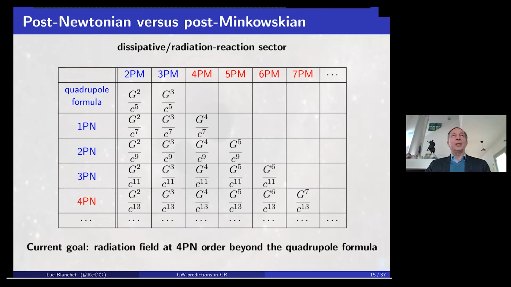Actually, we are interested in 4.5PN order, which corresponds to 7PN approximation, which would correspond to a very, very high post-Minkowskian order in the equations of motion. So I will mention a little bit the recent progress on the computation of the 4PN approximation beyond the quadrupole formula.